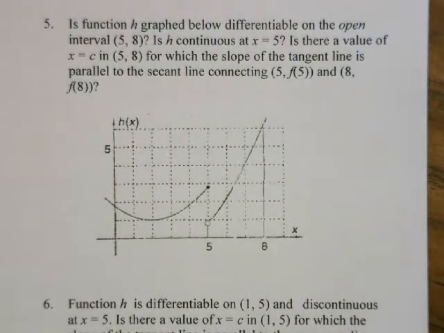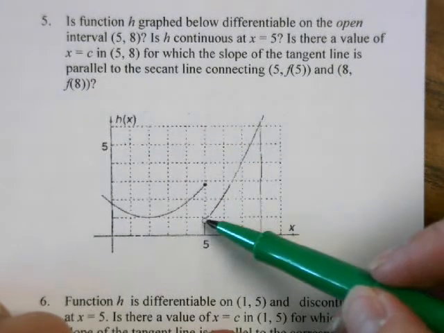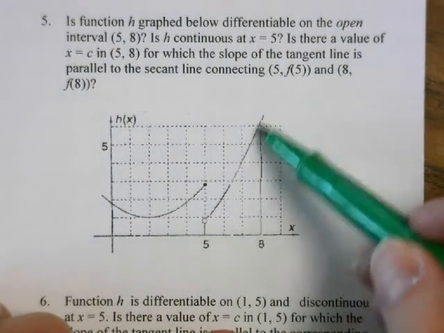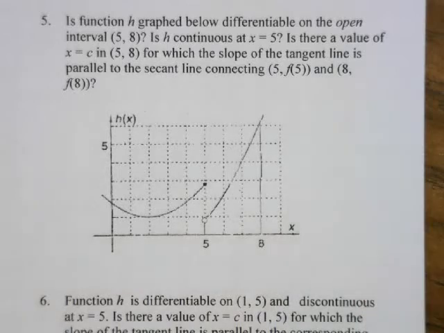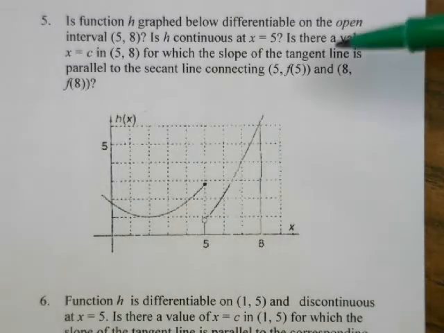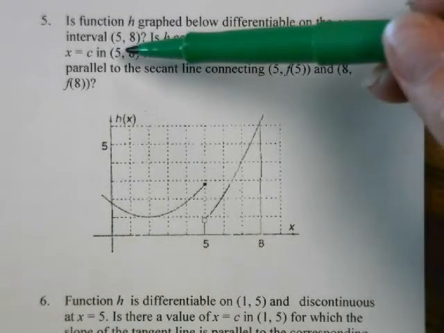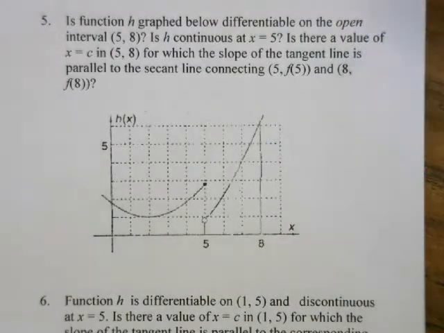Number 5, this function here is differentiable on the open interval (5, 8). Okay, so this is differentiable the whole way. It's not differentiable at 5, but we illustrated that that doesn't matter. However, it is not continuous. Okay, so is there a value x equals c in (5, 8) where the slope of the tangent line is equal to the secant line?